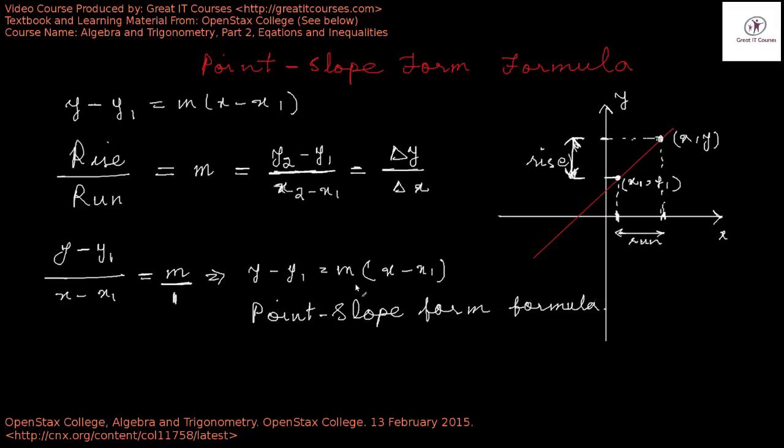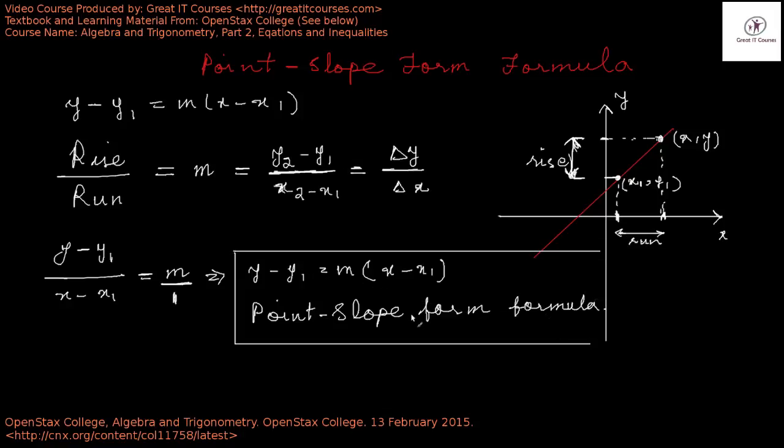So that's how we got this formula. And from now on, you can use this formula to find the equation of any line if you know any one point on the line, and if you know the slope of the line.